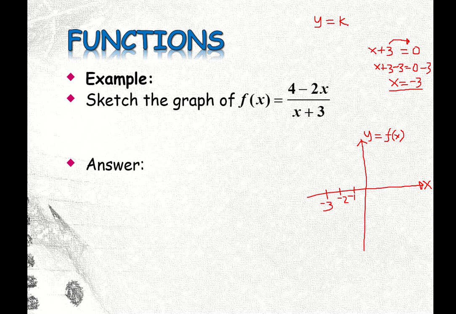That k here is the value of x that can make the denominator equal to 0. Assuming it passes through 3, so this is our vertical asymptote.